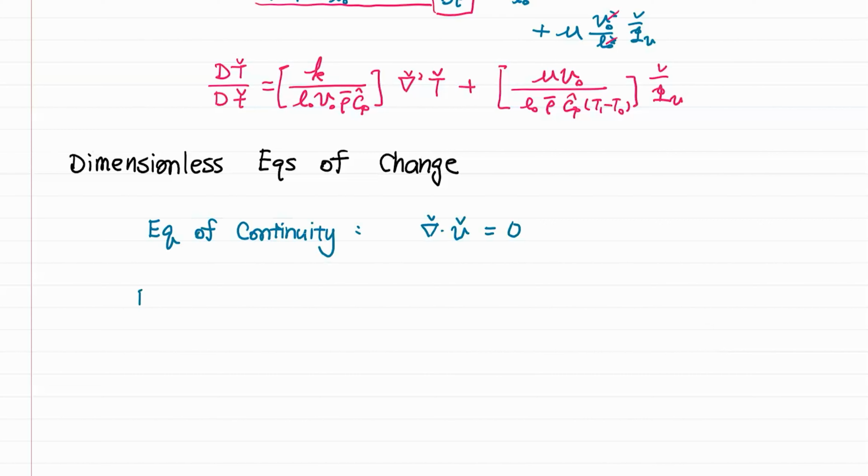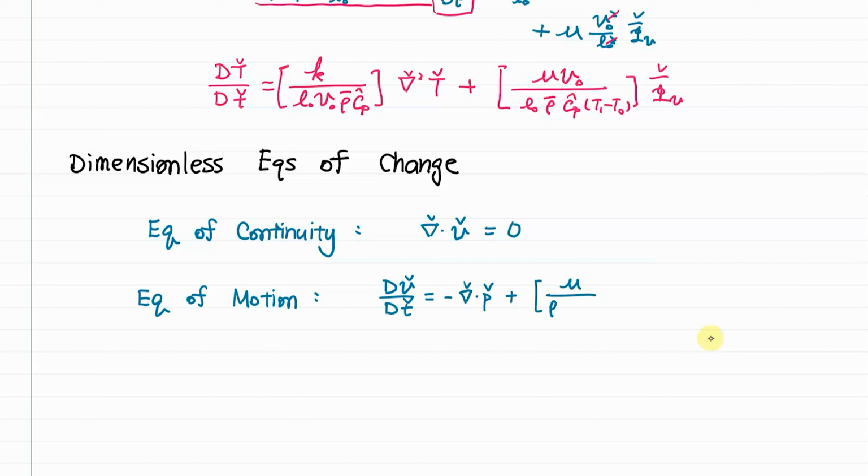Then we have the equation of motion, which is the dimensionless substantial derivative of the dimensionless velocity equals the negative dimensionless gradient of the dimensionless pressure plus a dimensionless shear stress term.